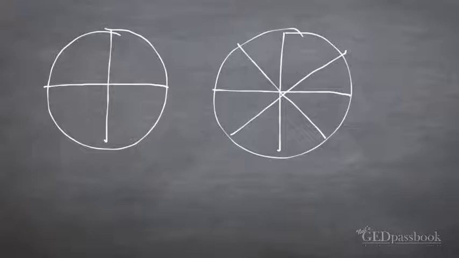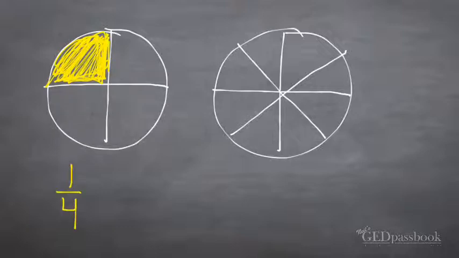If we were to take this slice right here, what would be my fraction of this picture right here? 1/4. There are 4 slices. We took 1, so it's 1/4. Right?